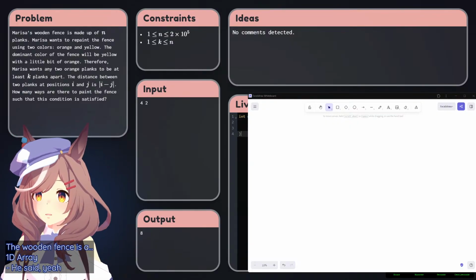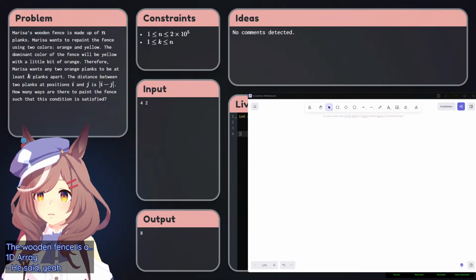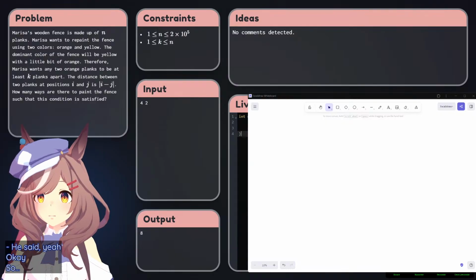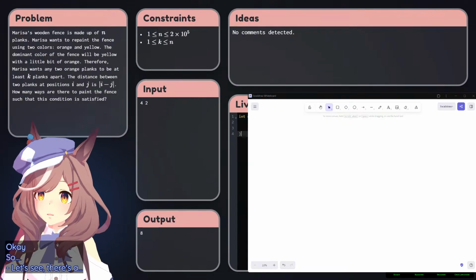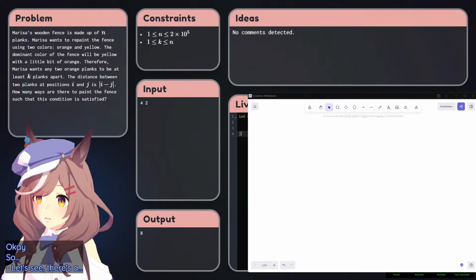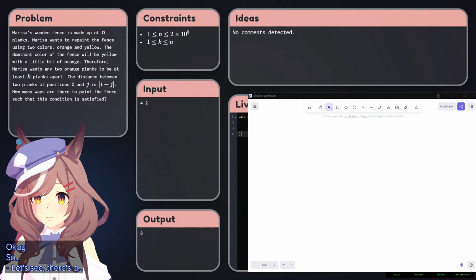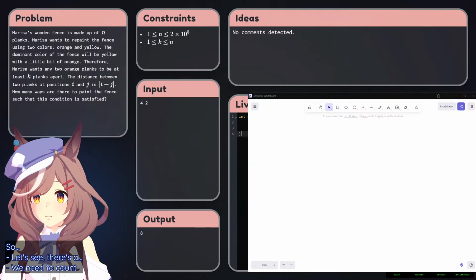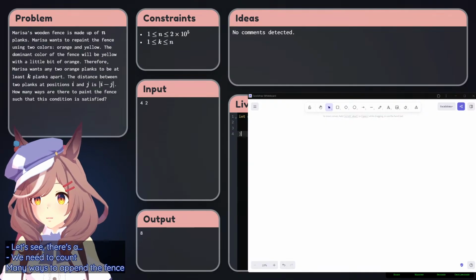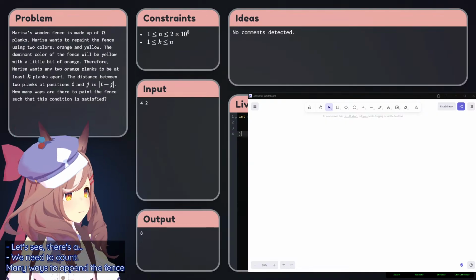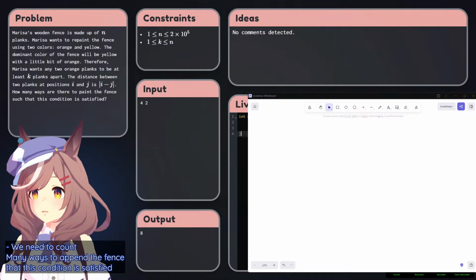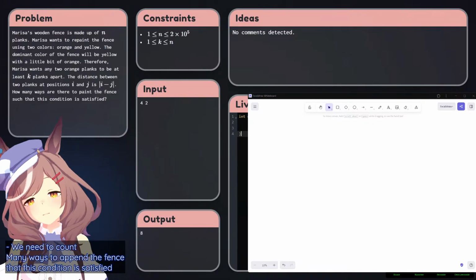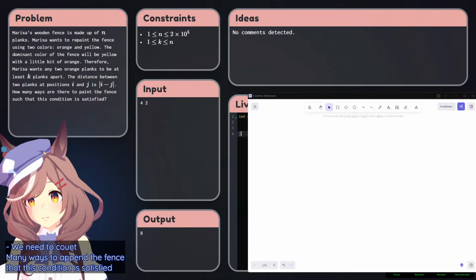Let's consider there are 8 planks. We need to count how many ways to paint the fence so that this condition is satisfied. Quite difficult.